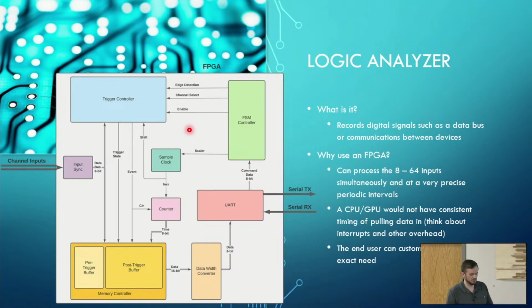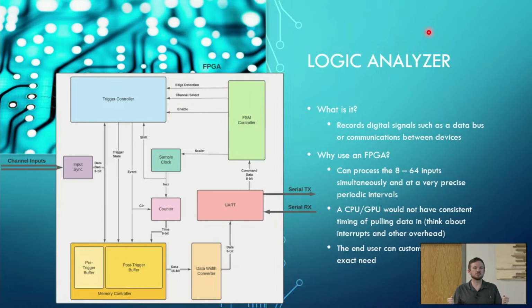This was my senior design for my undergrad. It's a logic analyzer. I don't know if you've ever heard of that, or an oscilloscope. But basically it allows you to record digital signals and then analyze them later. The main reason I use the FPGA is because I can take in anywhere from 8, 64, 100 inputs all at the same time at a very precise interval and record those.